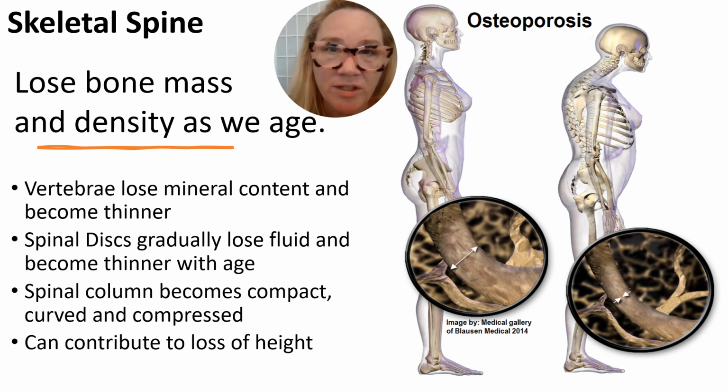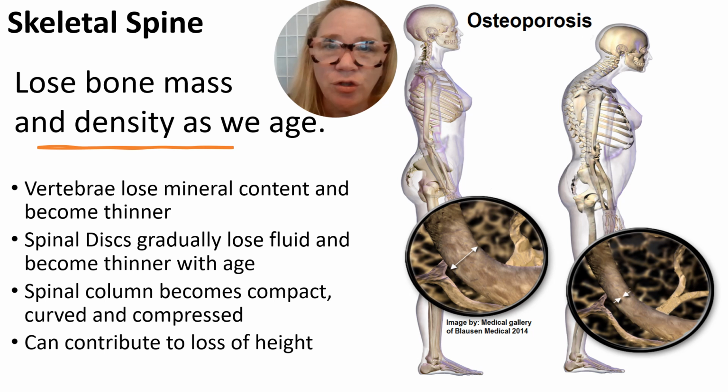The spinal discs in between the vertebrae can also lose fluid, so they become thinner as well. So eventually, the spinal column becomes more compact and compressed, with thinner discs and thinner vertebrae, and this can also contribute to a loss of height.